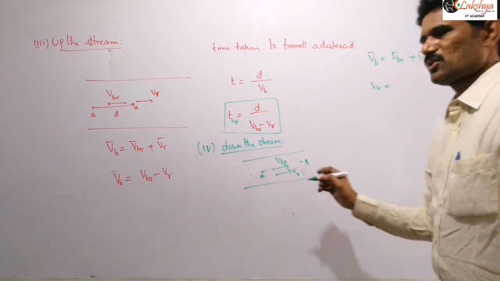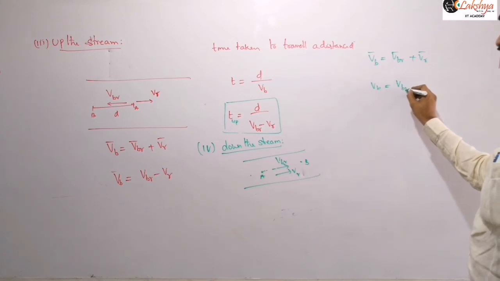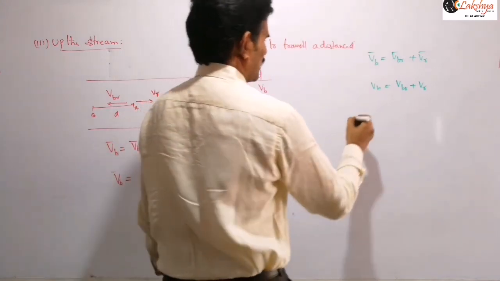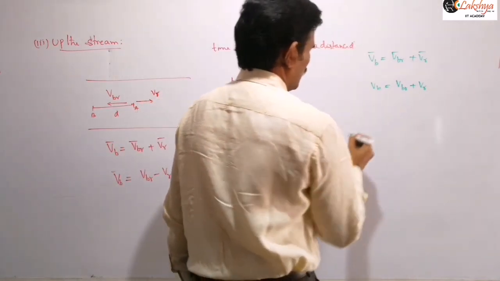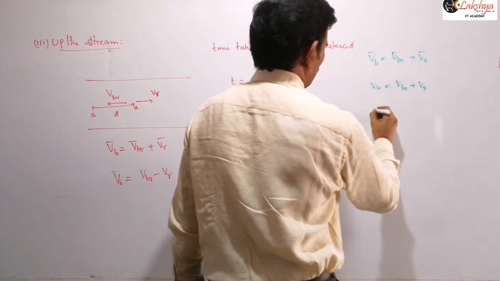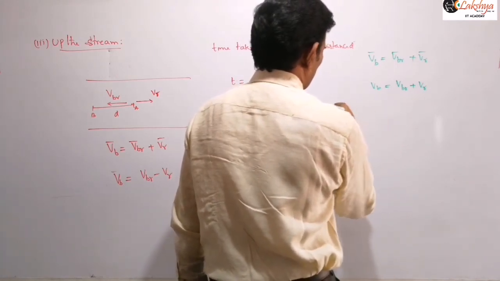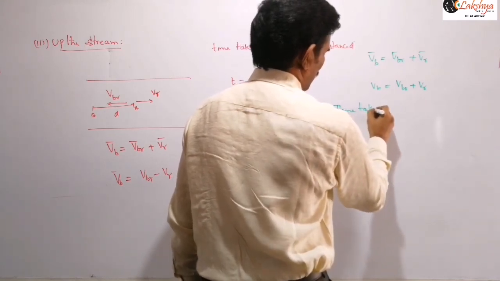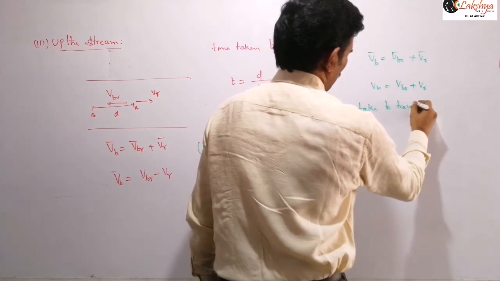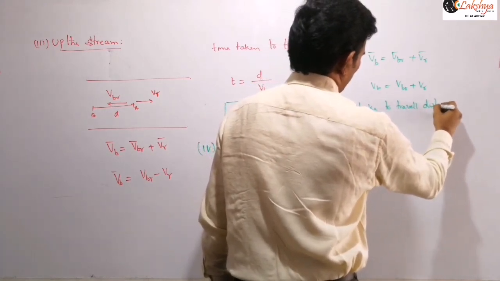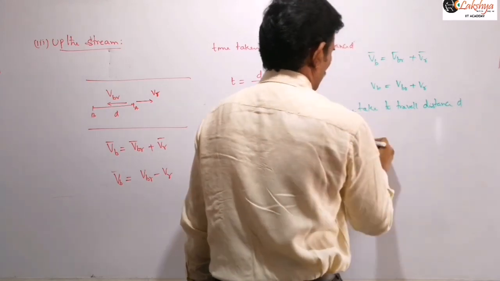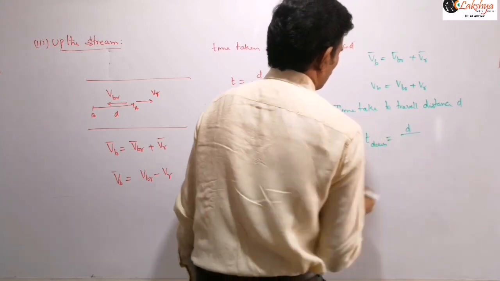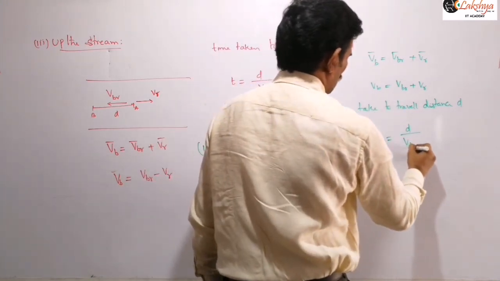Both are in the same direction, so I am substituting the magnitudes: VBR plus VR. So the time taken to travel the distance d down the stream is d by VB, where VB is VBR plus VR.